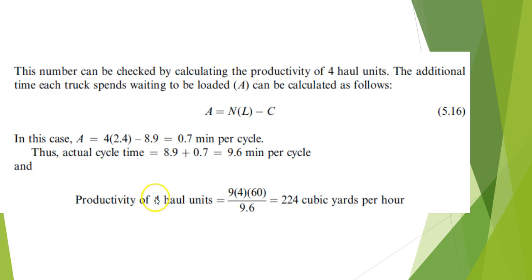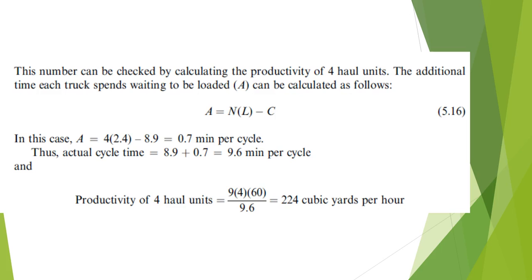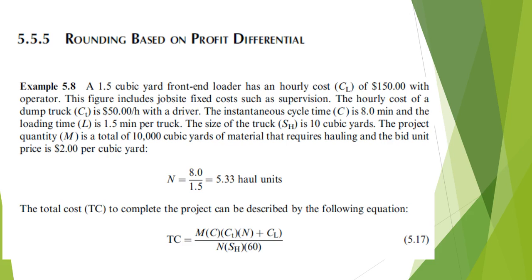But if you look at ultimately the productivity of the 4 haul units, which is the important thing, you've got 224 cubic yards per hour, right? As opposed to 182 cubic yards per hour for 3 hauling units, and 225 cubic yards, which is the productivity of the loader. So obviously 4 trucks allows that loader to keep working, okay, significantly.